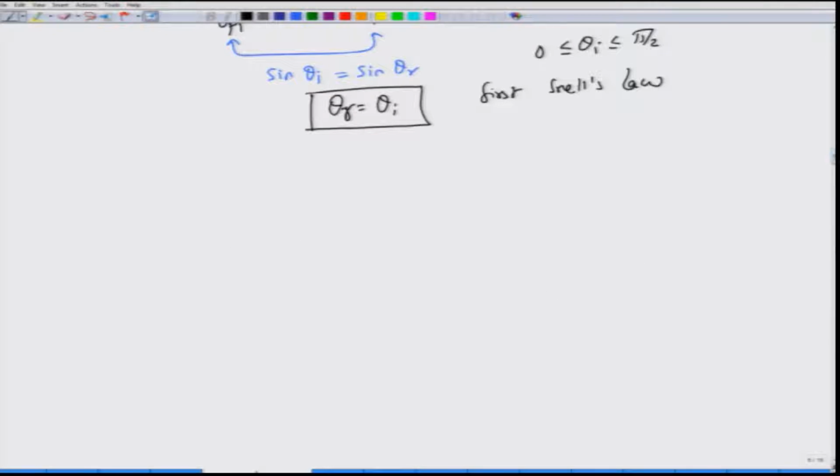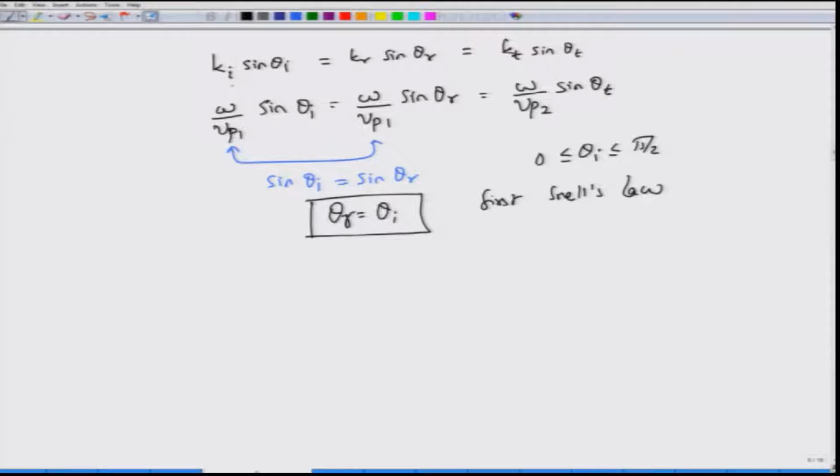To get the second law, you equate the first ki sin theta I to the last term kt sin theta t. So, you get omega by Vp1 sin theta I must be equal to omega by Vp2 sin theta t. Omega cancels on both sides.